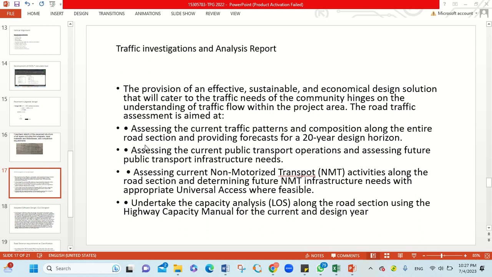The road traffic assignment is aimed at assessing the current traffic patterns and composition along the entire road section, providing the forecast for a 20 year design horizon, assessing the current public transport operations, assessing the future public transport infrastructure, and lastly, undertaking the capacity analysis along the road section using the Highway Capacity Manual for the current and design year.